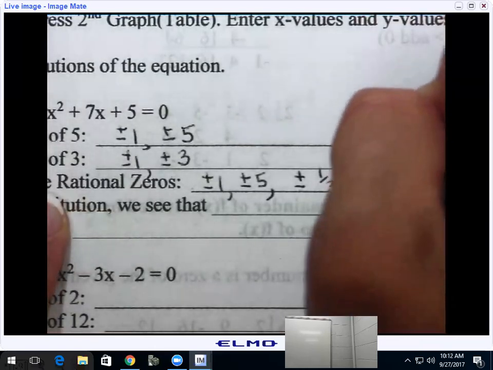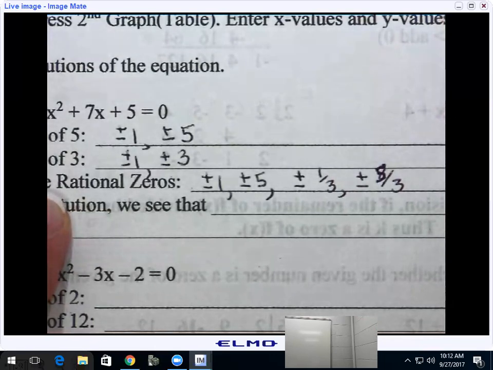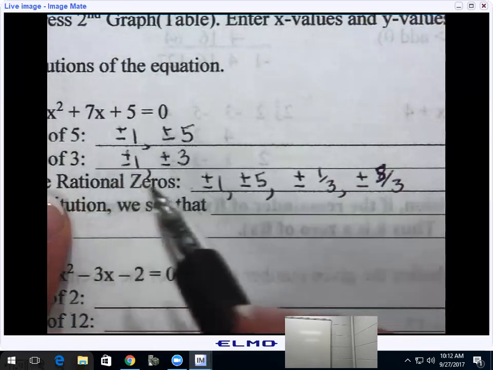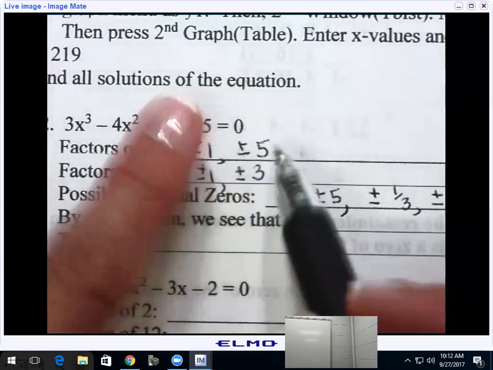So there are 8 possible rational zeros rather than 16. It would be 16 if these could be over those, but that's not what the theorem says. So it's just 8 possible combinations.